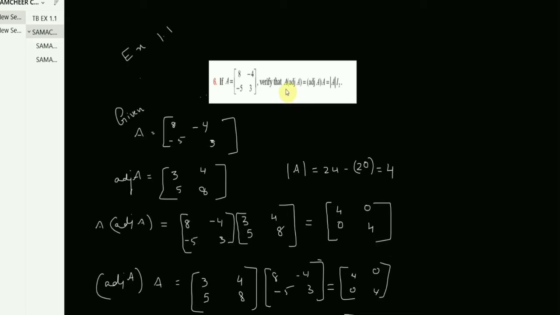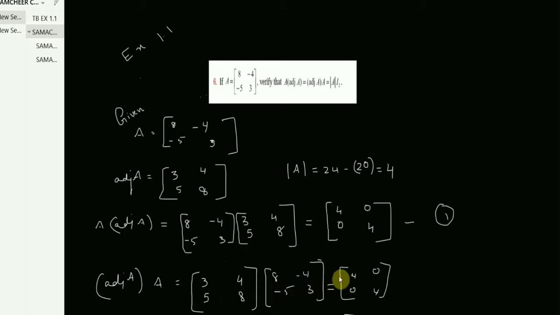Now let us find adjoint of A into matrix A. We'll name the previous one as equation 1. So how do you find adjoint of A into A? Adjoint of A is [3, 4; 5, 8]. Matrix A is [8, -4; -5, 3].